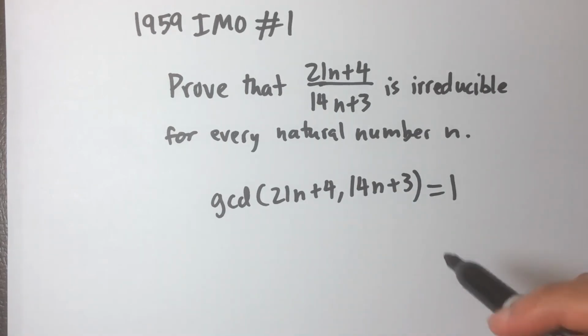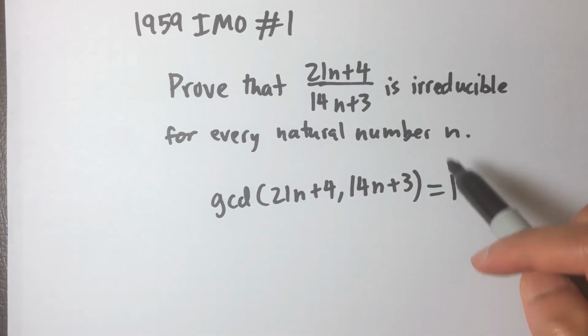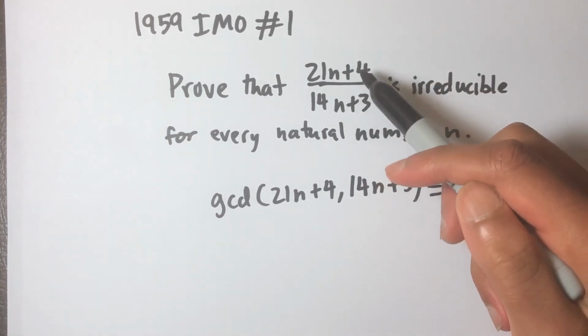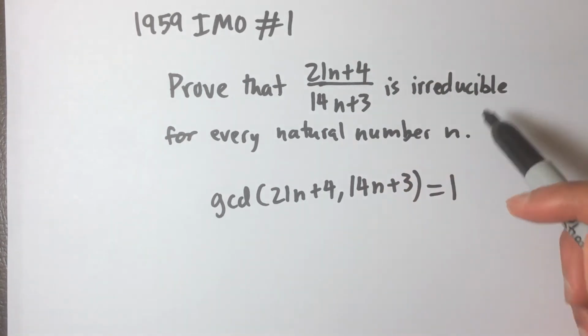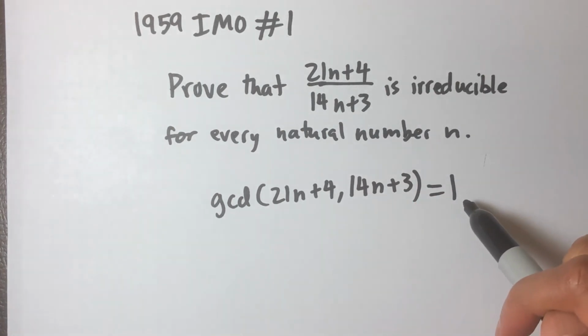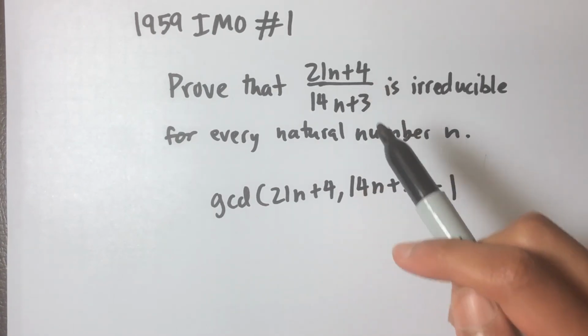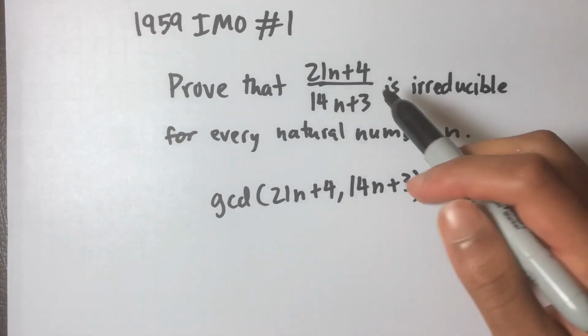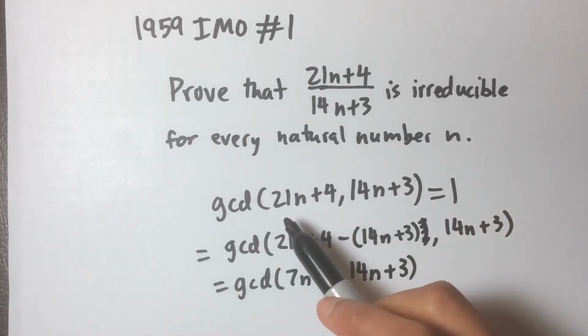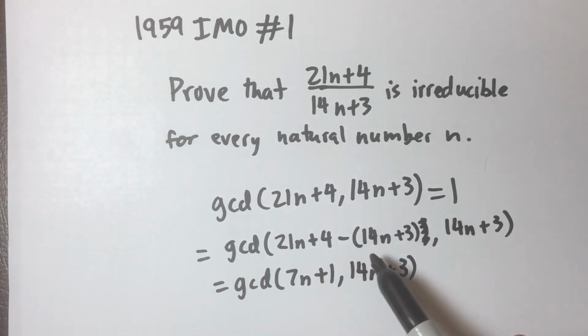If you're thinking about why that is, if the greatest common divisor is anything other than 1, then we could divide both the numerator and the denominator by that divisor, and then it wouldn't be irreducible. But as long as the greatest common divisor is 1, there's nothing we can divide the numerator and denominator both by to get integers.